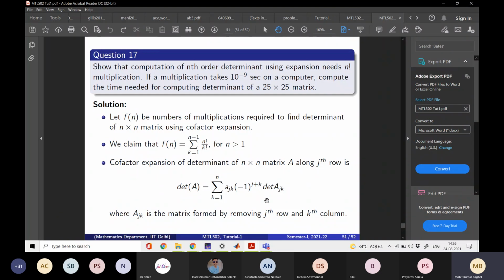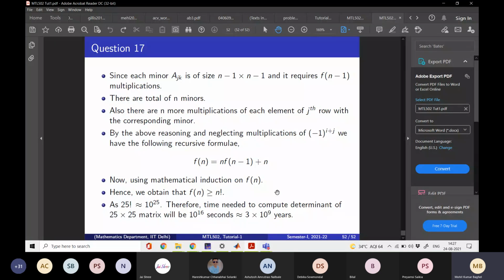So you can see here you have to take a sum, and the determinant of this. If the size of A is n, the size of A jk is n minus 1 by n minus 1, and it requires n minus 1 multiplications.